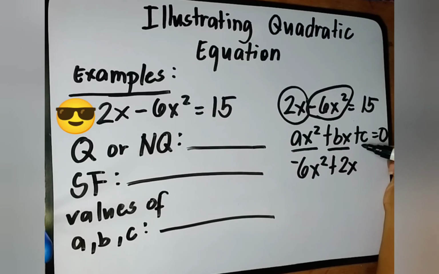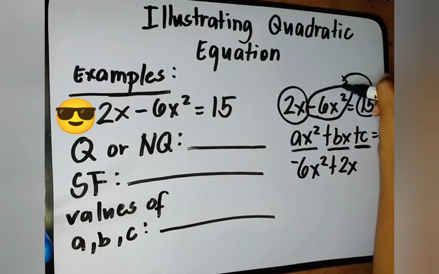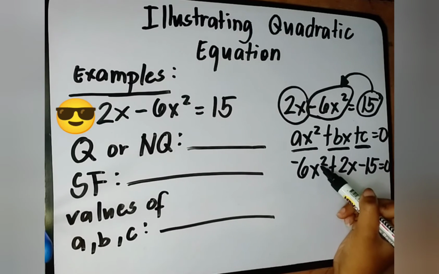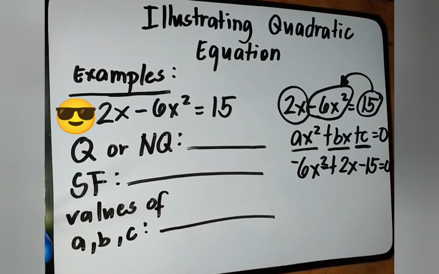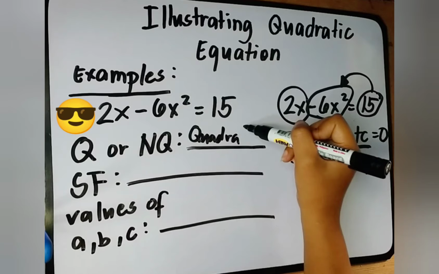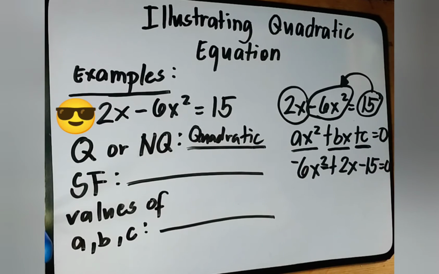And then c, 15 in the other side of the equation. So, we will just transpose it, or using the addition property of equality, it becomes minus 15 is equal to 0. Okay, next. Since it has the highest degree of 2, then that equation is a quadratic equation.